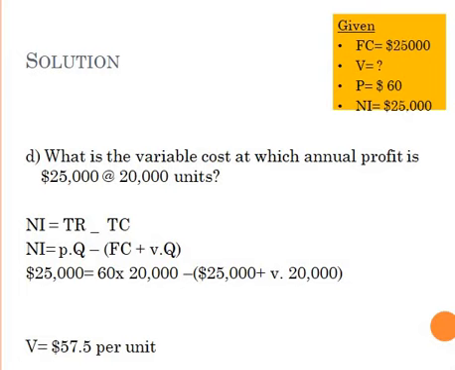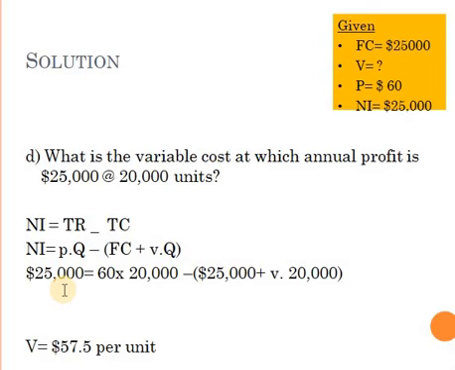In part D, I'm asking what is the variable cost at which annual profit is $25,000 at 20,000 units. So I want to calculate the variable cost, knowing that the net income will be $25,000 and the quantity sold is 20,000 units. So I put the equation for the net income.